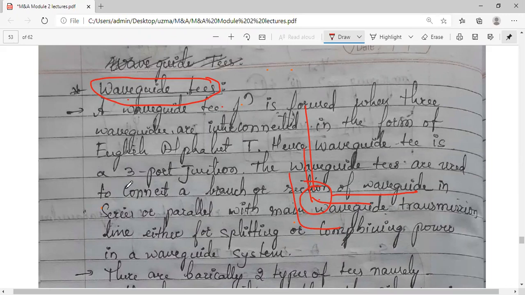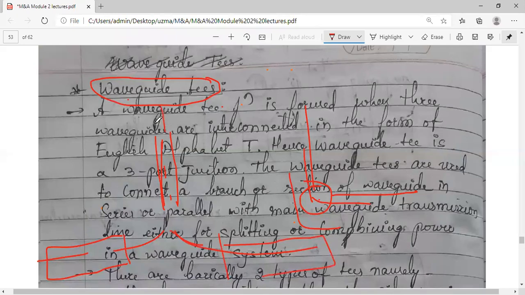So what is the advantage of using waveguide Ts? Suppose I have a waveguide like this. Okay, it is coming, and I want whatever wave is coming from this to be split in two directions. मुझे और ये जो part है इसको कहीं और input देना है, and on the other side it is given to some other device.